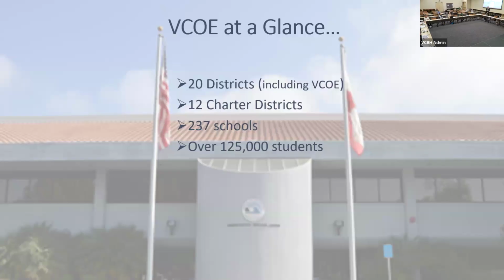Just to give you some context for VCOE services, we serve 20 districts here in Ventura County, and out of that, there's also 12 charter districts that operate independently with their own local governing board. There are 237 schools within our county serving over 125,000 students. That number can go up and down depending on the particular day. That is one of our locations, our administrative services building that's located on Verdugo Way in Camarillo.